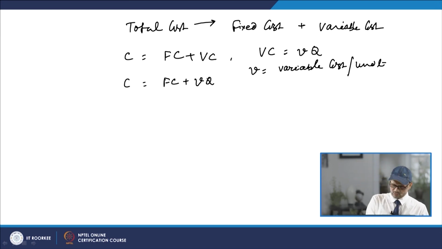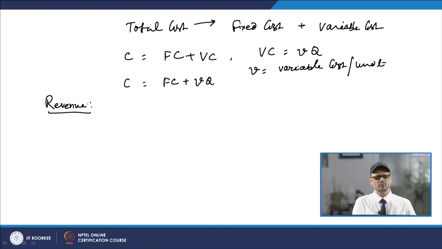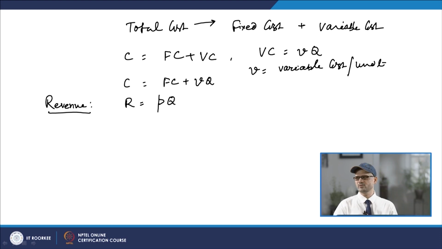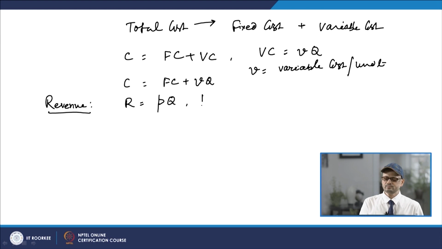Now, we talk about the revenue which is generated because of the sale of the item or the product. The revenue will be denoted by R, and it will be equal to small p multiplied by Q. So, P is nothing but the price which has been fixed for the product, and it will be price per unit of the product.